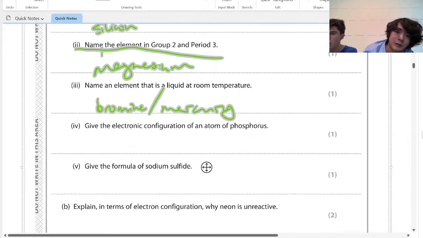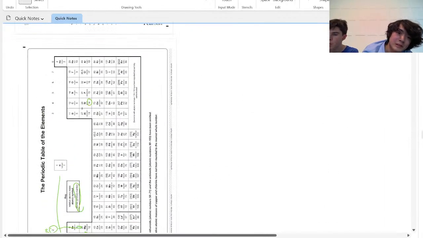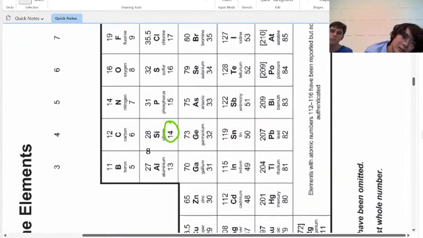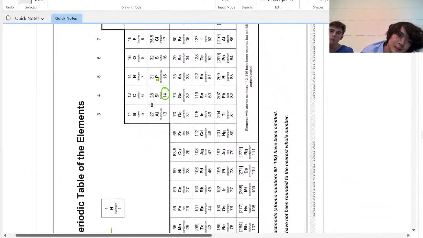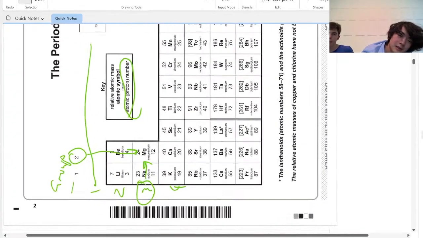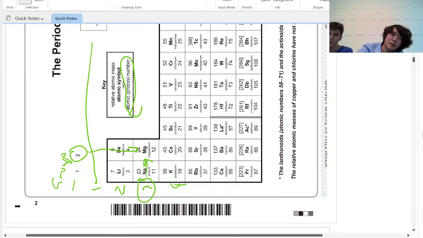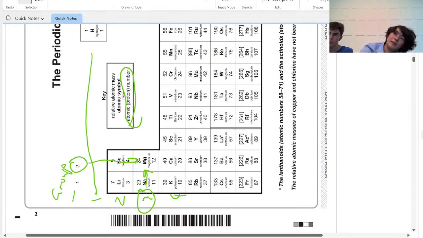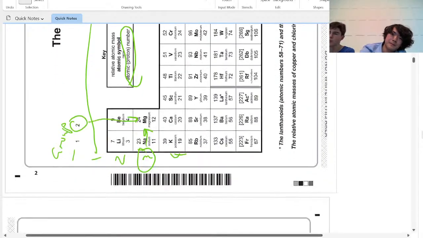Give the electronic configuration of an atom of phosphorus. Phosphorus is in period 3, so it's going to have 3 shells of electrons. Just remember the first shell can have 2, the second shell can have 8, the third shell can have 8. You won't need to know anything more.